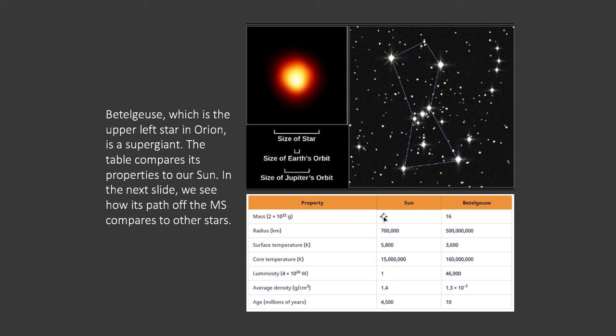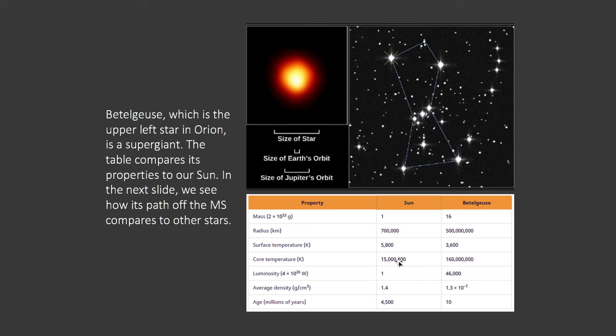So it's a star that's much more massive than the Sun, 16 times to be exact. Its radius is thousands of times bigger than the Sun. Its temperature is cooler, right? So it's gone from essentially a yellow star to a red star. So it's cooled in temperature. It's become redder.